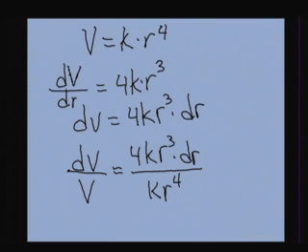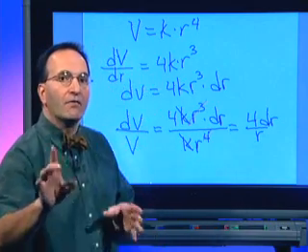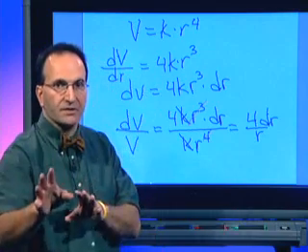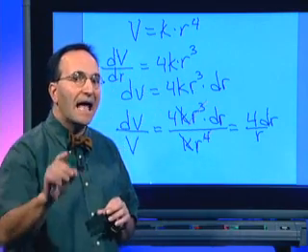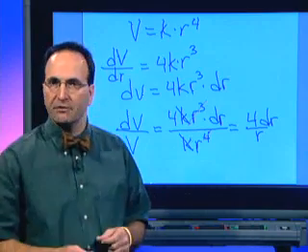So what we see here is that the K's cancel, and in terms of the R's, the entire R will cancel out all but one of the R's in the denominator, so that my answer will be equal to 4 over R times dr. And what that means is that we will get a change of 4 times the change of R, and that means that a 10% change will actually produce a 40%, 4 times as much, 40% increase in the flow.